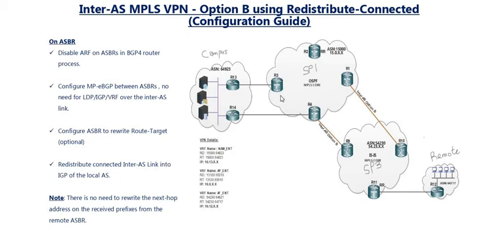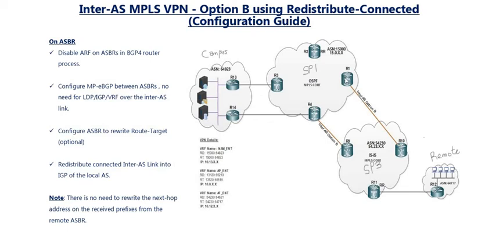Once we have the route target rewritten on the ASBR, we do not need to disable the automatic route filtering feature on the route reflector, simply because the ASBR would have stripped off the remote route target that is received for all the prefixes, in case those route targets are not matching the local targets that we have on this service provider.